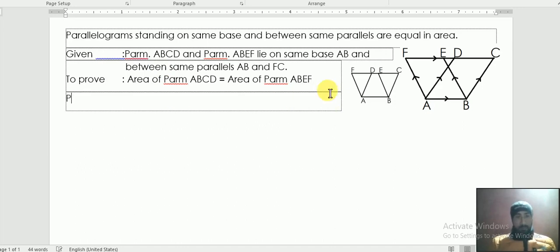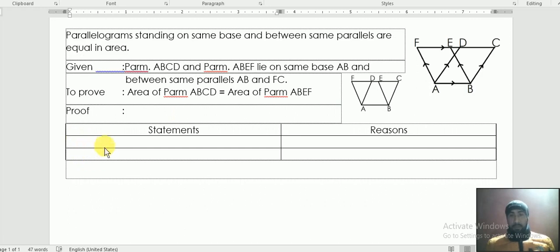Now the proof. First of all, we are going to prove that these two triangles are congruent to each other. For that purpose, we take triangle ADF and triangle BCE. Let's write here.